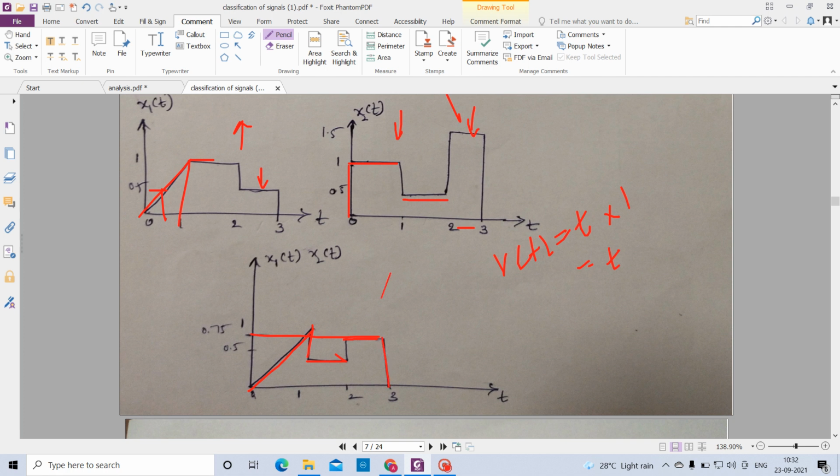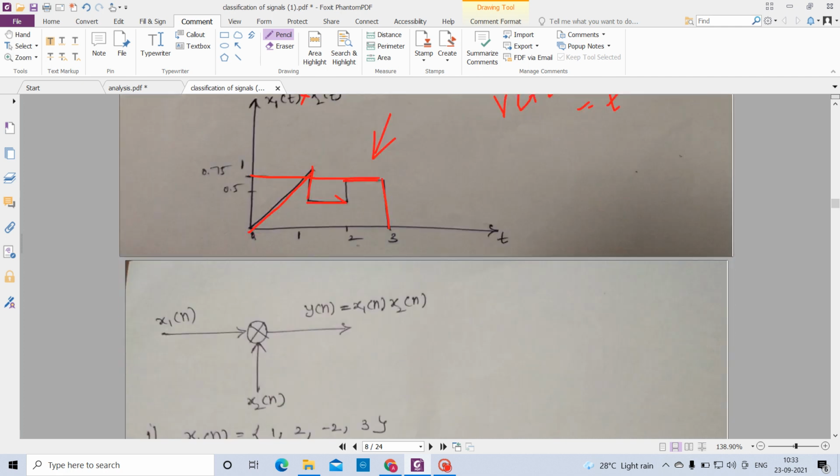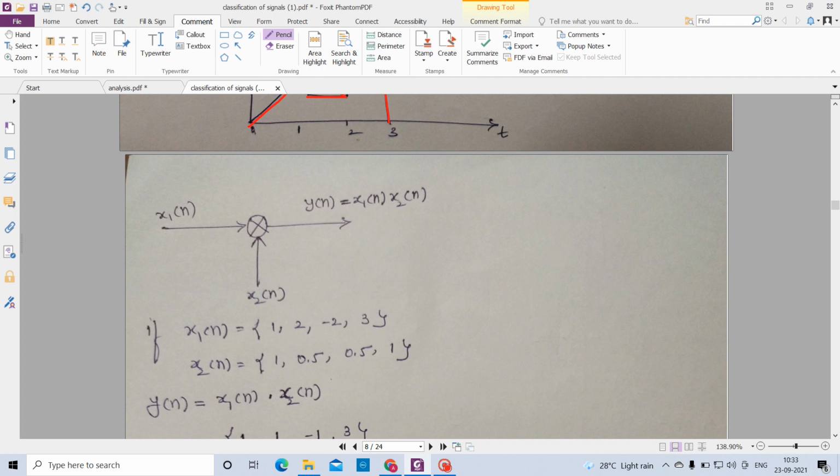This is the graphical representation of the output, that is y of t equal to x1 of t multiplied with x2 of t.